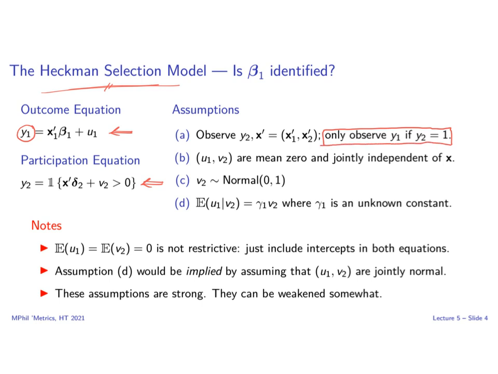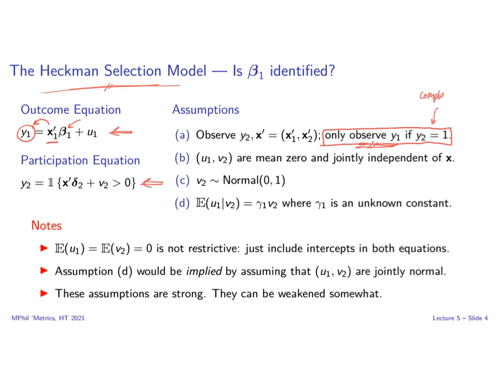Our goal is to learn the parameter beta 1 that relates observed characteristics x1 to the outcome of interest y1, despite the fact that we only observe y1 for a selected sample. In the admissions example, exam results are only available for students who complete the first year of the MPhil.